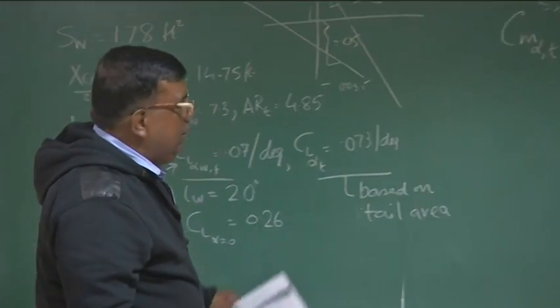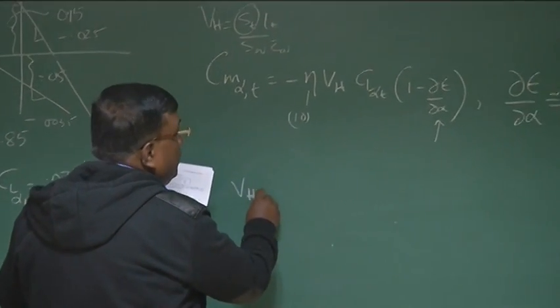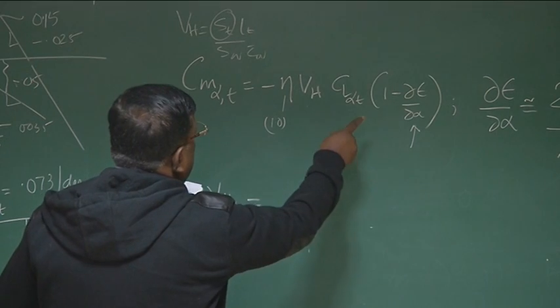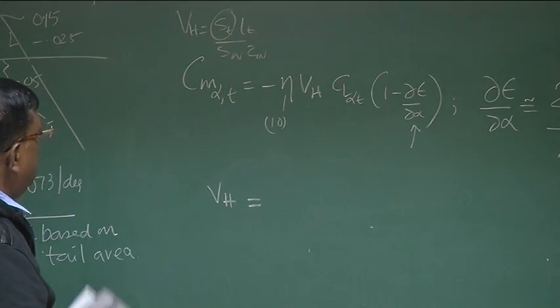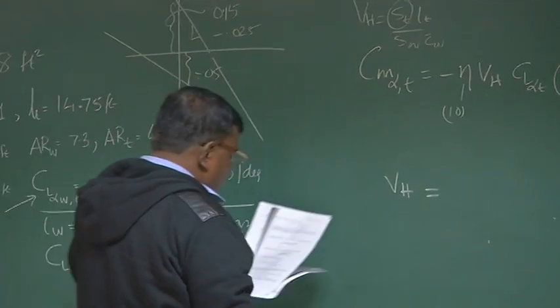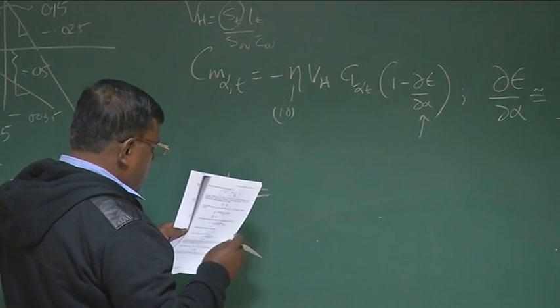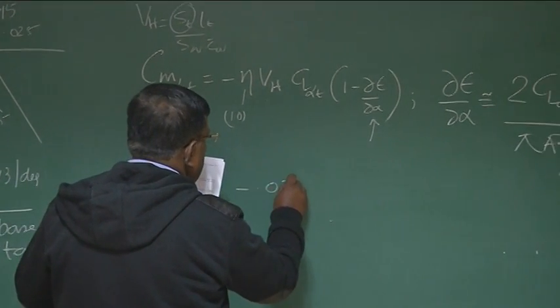And let us now see what will be the VH. So VH will be, if I solve this equation from here, equal to Cm alpha tail required. How much Cm alpha tail will be required? We have seen already. If you check, it will be around minus 0.0215.